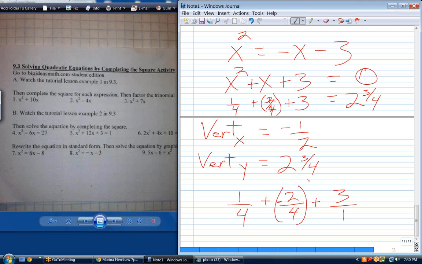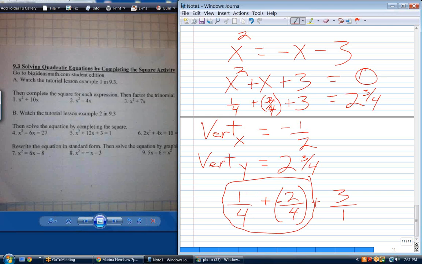Let's first of all do this. What is that equal to? What's 1/4 plus a negative 2/4? Okay, you have the same denominator, so you can just operate on the numerators.